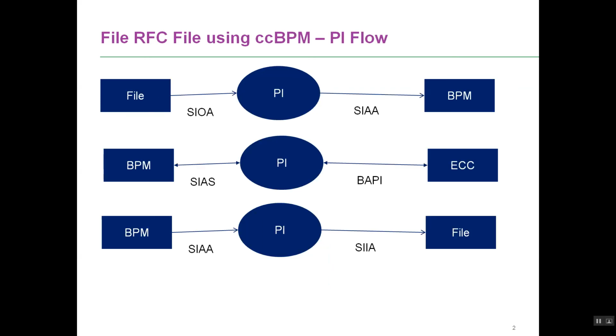If that is the requirement, all the BPM flows that we built continue to remain the same. Basically, the way the flow would work is the sender file adapter picks up the file, sends it to PI, and the BPM receives the file. Internally, the BPM will split the file into multiple messages, and for each message, BPM would then send the message to PI and then from PI to ECC, and each response would then create a file.